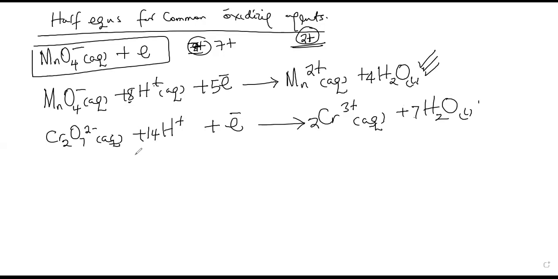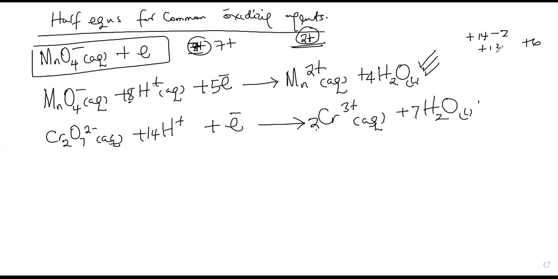Everything is balanced. Now balance the charges. Here we have positive 14, minus 2, because these are negative. Then, okay, let's first leave electrons. So minus 2. This one brings it to positive 12. But this side you have positive 6. This 2 multiplies here. So we have positive 6 this side.